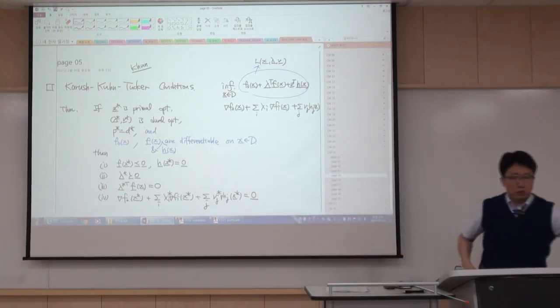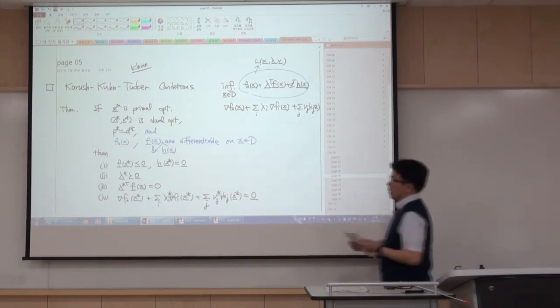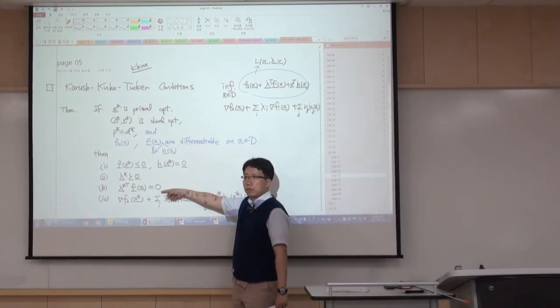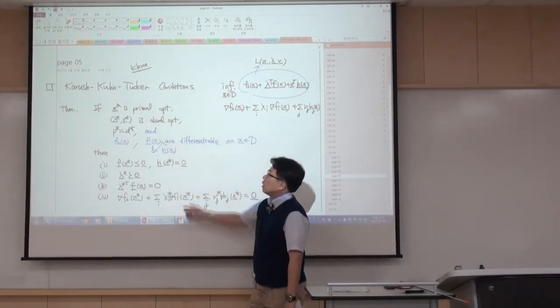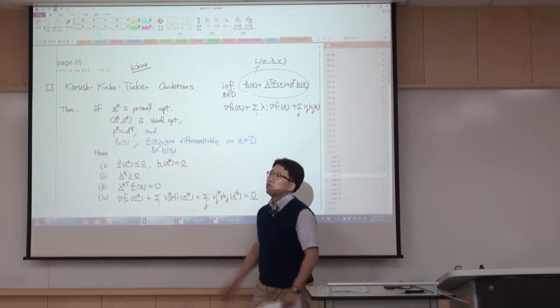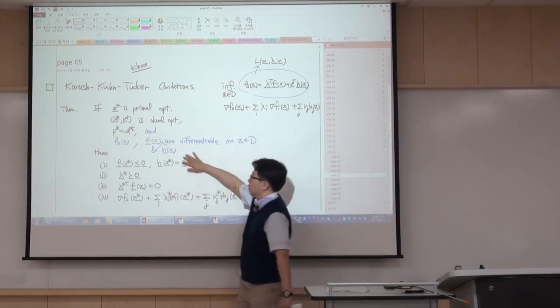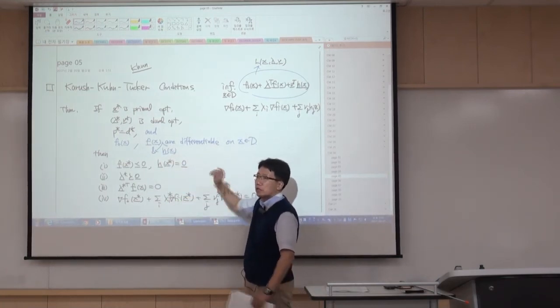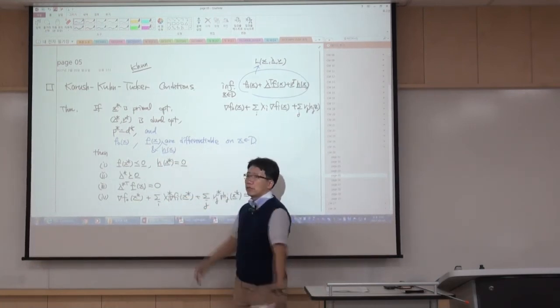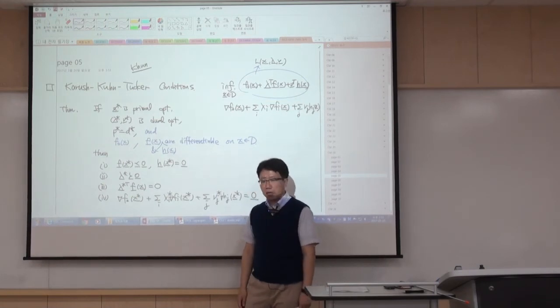That's why complementary slackness and these Karush-Kuhn-Tucker conditions, four conditions, are important. I would say collectively these four conditions are a single necessary condition for primal dual optimality.